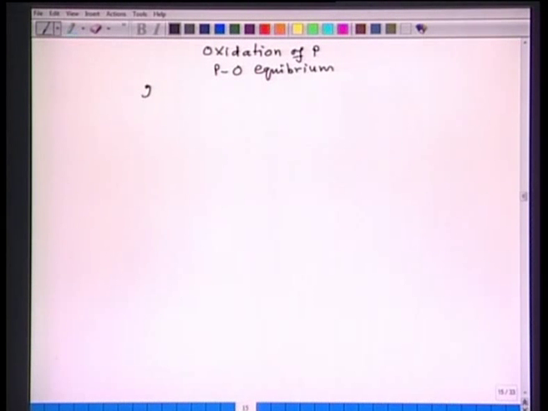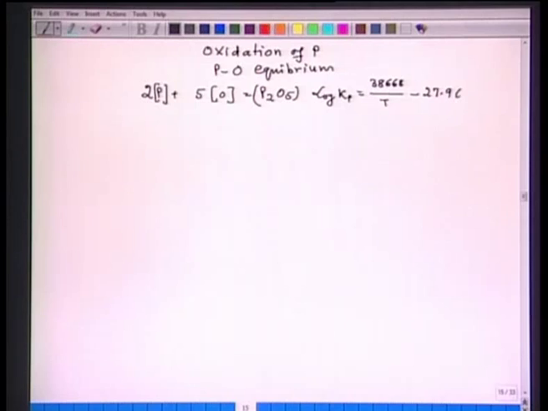That is 2P in metal plus 5O is equal to P2O5 in slag. Log of Kp is equal to something over T minus 27.96. This is called equation number 24.